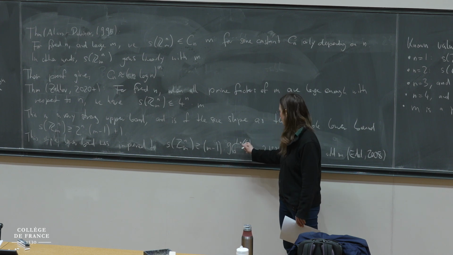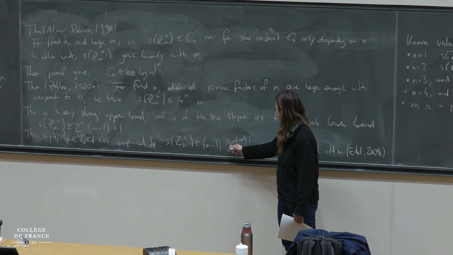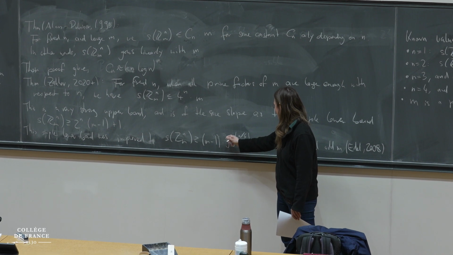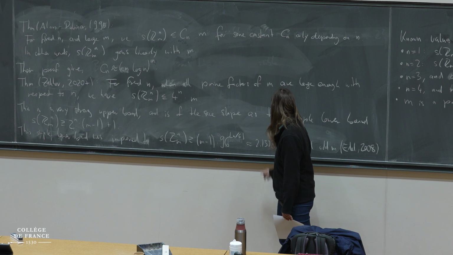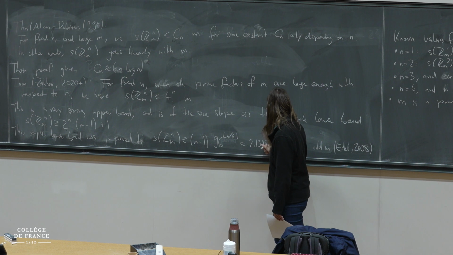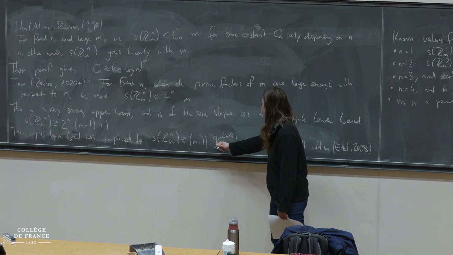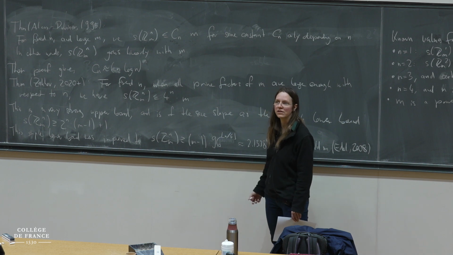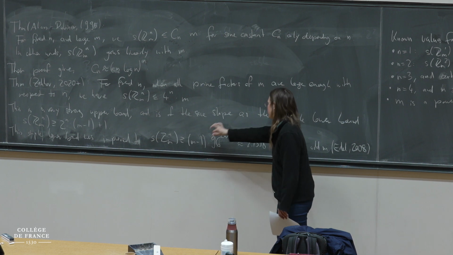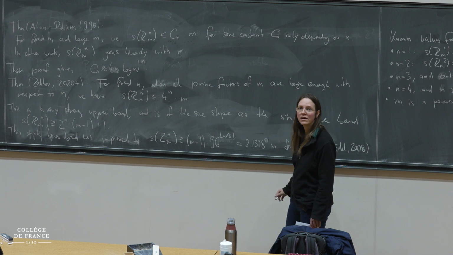If you take n over 6 and round down, you may lose up to a certain number of factors of 96. This 2.1398 is the 6th root of 96, and so you can lose up to roughly a 96 factor from the rounding down. And so up to constant factors, these two things are the same.